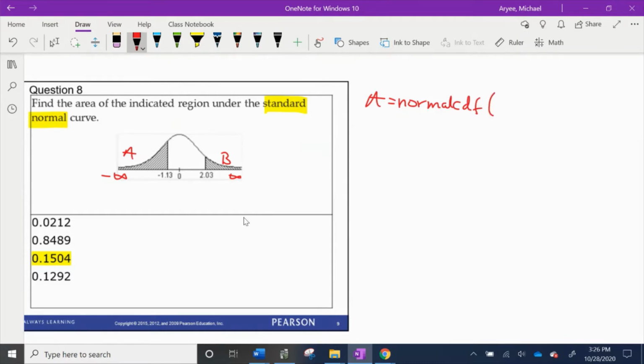Then A will be from negative 1 million to negative 1.1. It's a standard normal, so the mean is 0, standard deviation is 1. If someone can do that calculation for me, I'll be happy. So you go to second vars, and then you plug in the values.